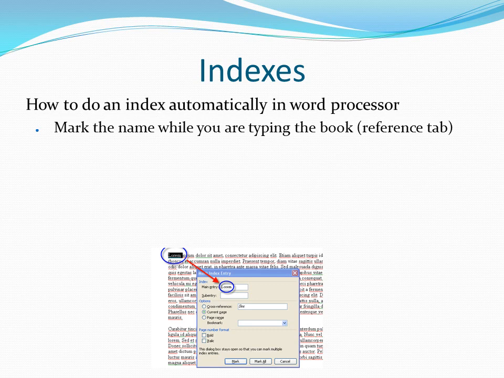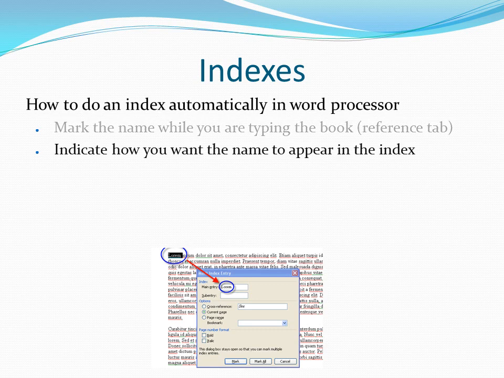what shows here. If you're doing it in Word, you go to the Reference tab in Word, and then you indicate that you want that name to be included in the index. So Clark, Mark Index Entry is what pops up, this little box. And then you can type here what you want to include in the entry.